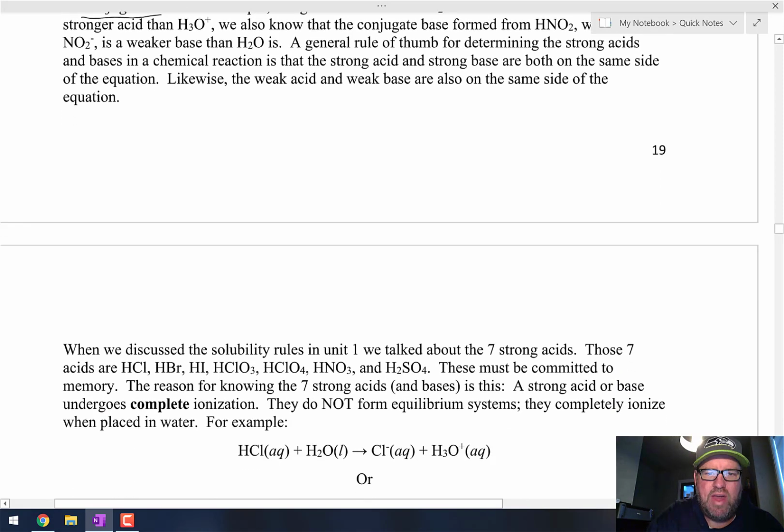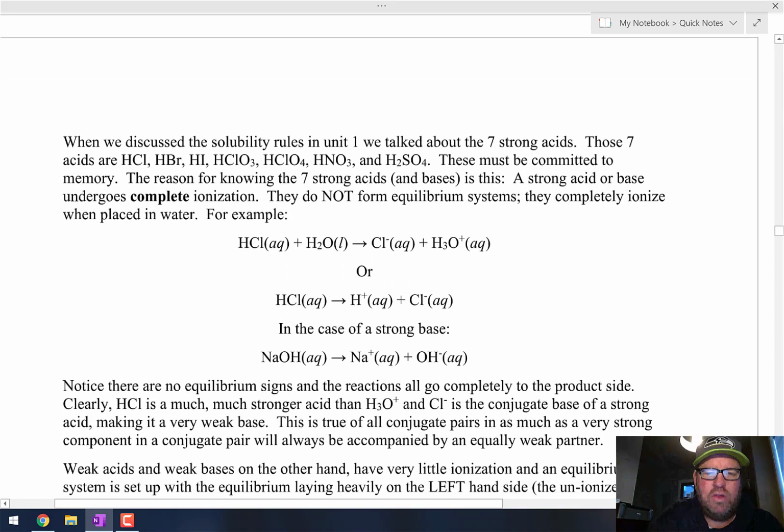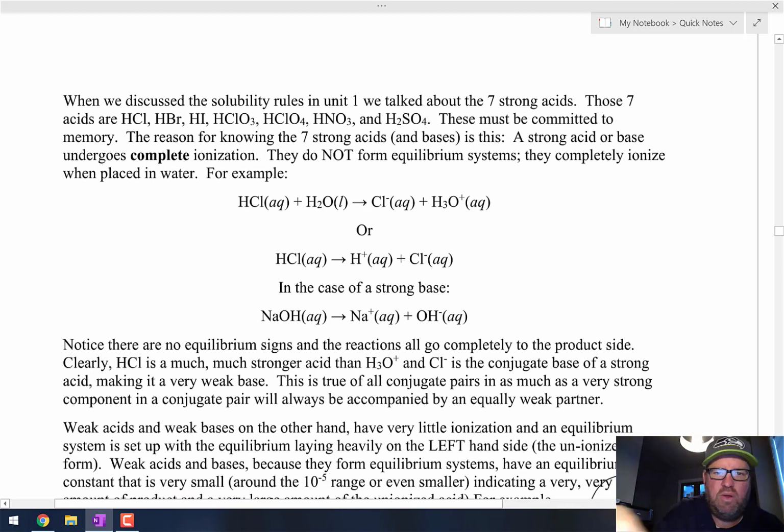Remember, when you're dealing with the solubility rules, if you have one of your 7 strong acids, which you really have to have memorized, they don't form equilibrium systems at all. Notice that the arrow is just an arrow completely to the right, which means they completely ionize when you put them in water.